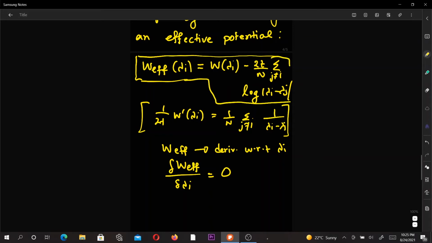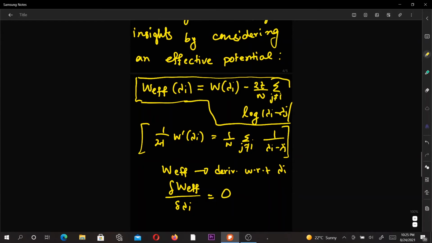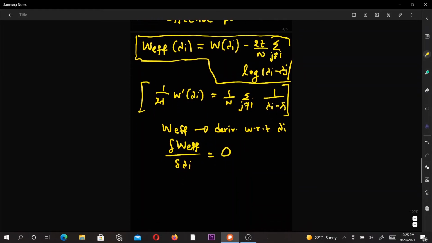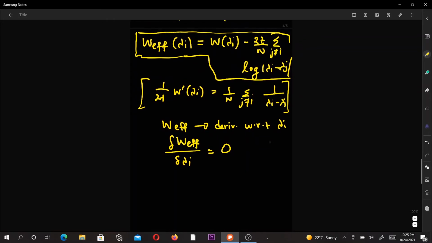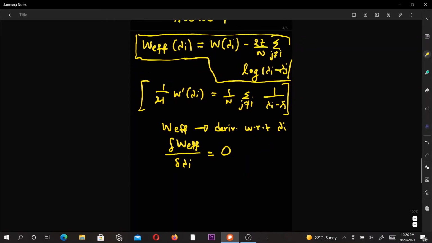to get some physical insights into the problem. We want to understand what's happening at the level of the potential. If you want a physical insight of what's happening, we need to consider an effective potential. Why? How does that help us? I'll show that in a bit. So we have considered an effective potential from this equation, which we get from taking the derivative of the effective action.